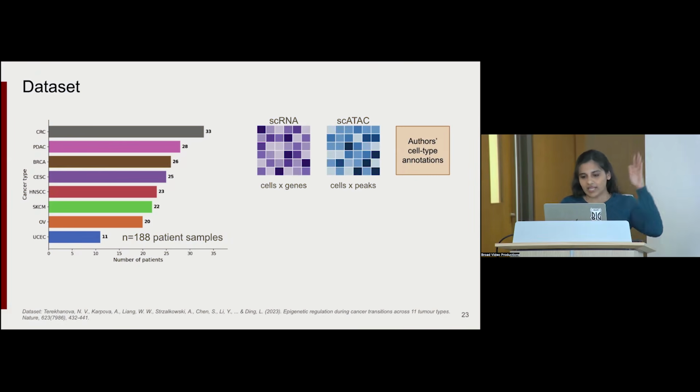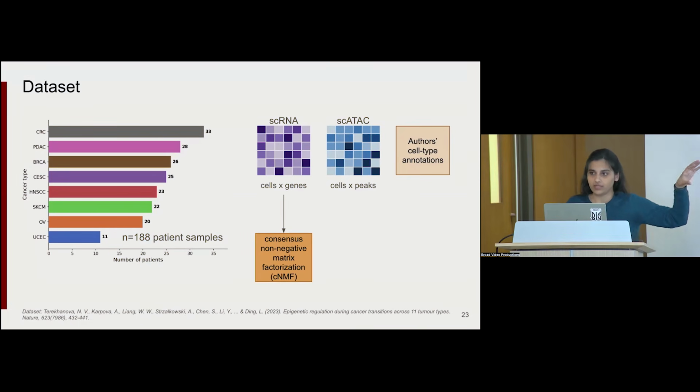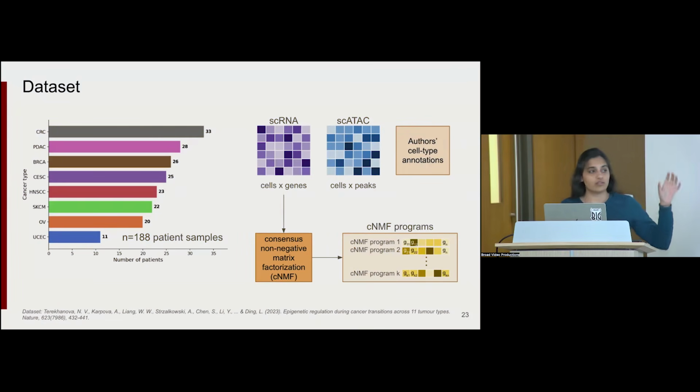And as before, the single-cell RNA, single-cell ATAC, and the cell type annotations were present. But in order to phrase that task as a very targeted question, we ran CNMF on the single-cell RNA matrix. CNMF is a method which is similar to non-negative matrix factorization, but it gives you, at the end of it, gene programs.